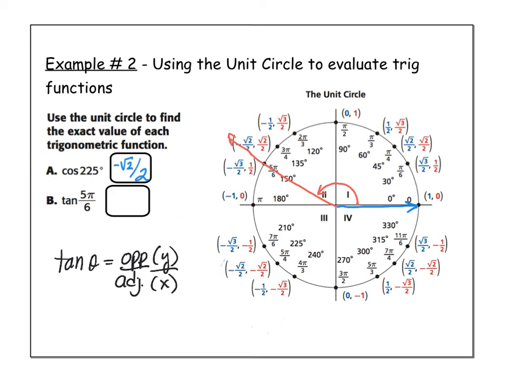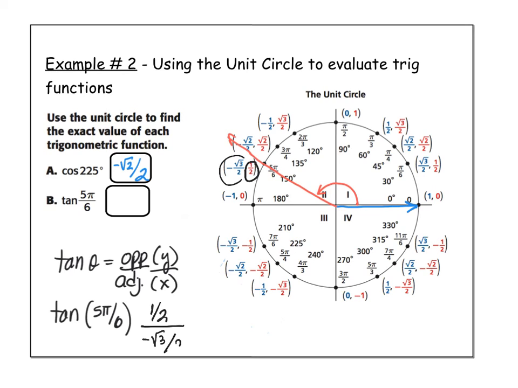So tangent of 5 pi over 6. If you can see, the y value here is 1/2. So it's just 1/2 divided by the x value here, which is negative the square root of 3 over 2.